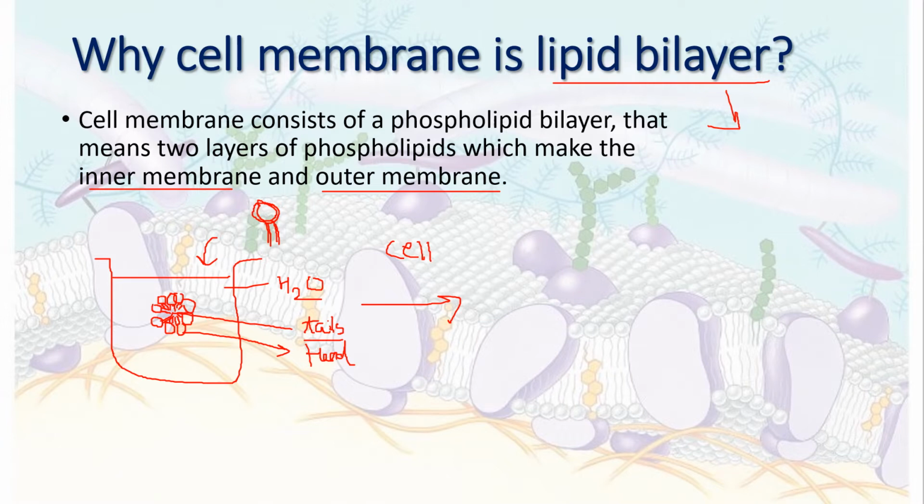Let me explain with a diagram. Suppose this is a cell, and this is the extracellular matrix and this is the cytoplasm. The outside region, the extracellular space, is aqueous and the cytoplasm is also aqueous.